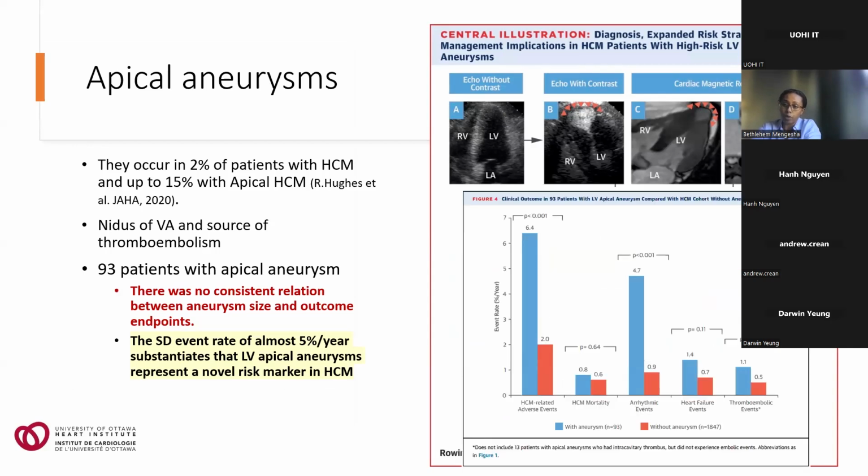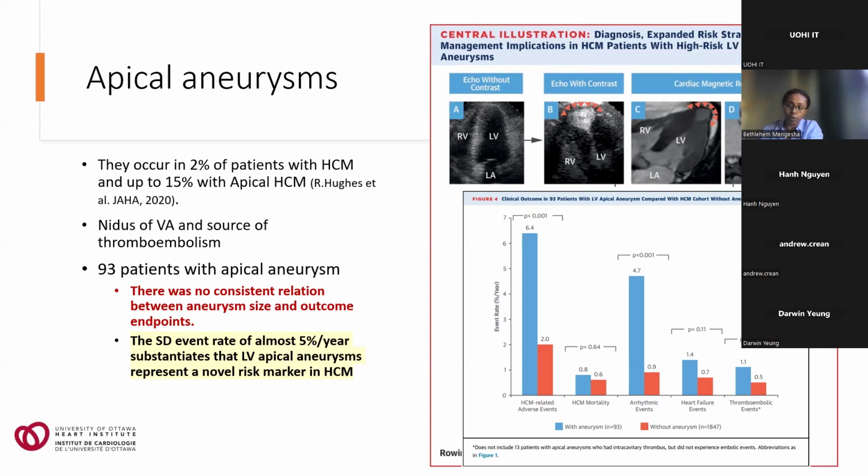Compared to HCM without aneurysm, seen in red on the graph, those with aneurysm, the blue graph, had almost 5-fold higher rate of arrhythmic events and higher overall adverse outcome. Also, there was no relation between aneurysm size and outcome endpoints.